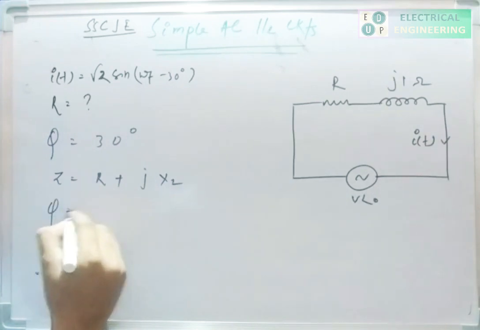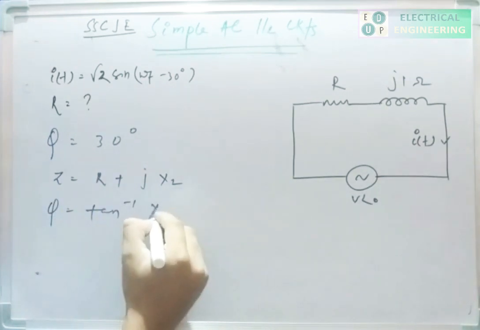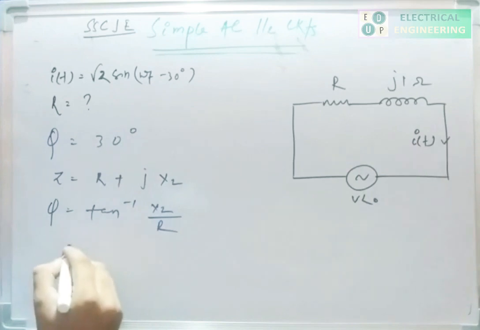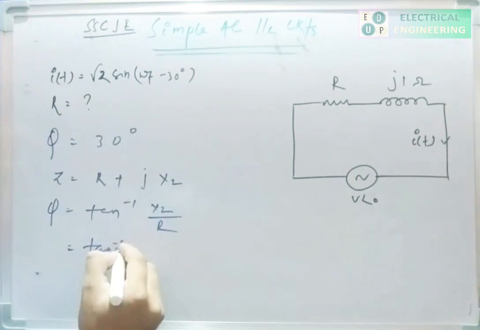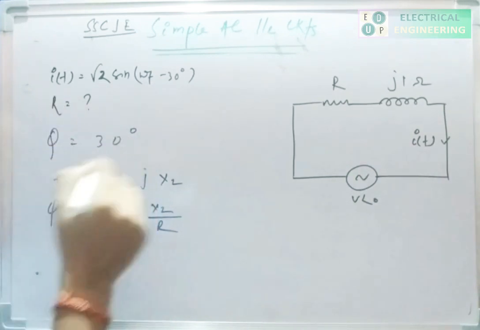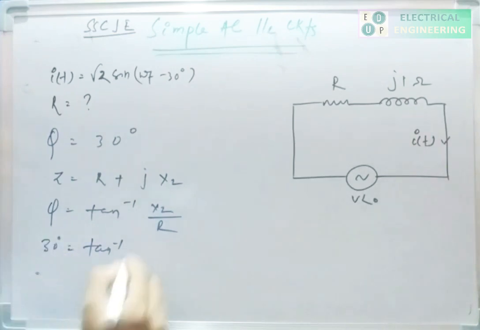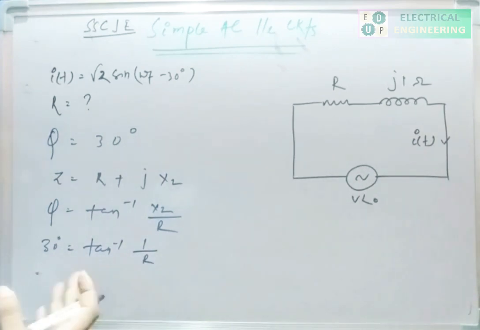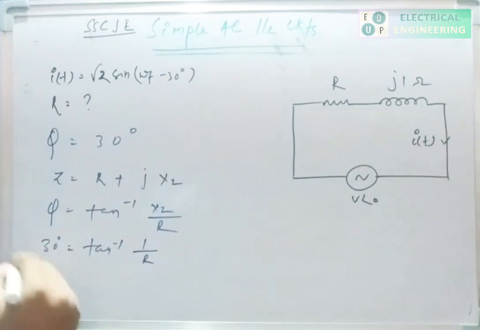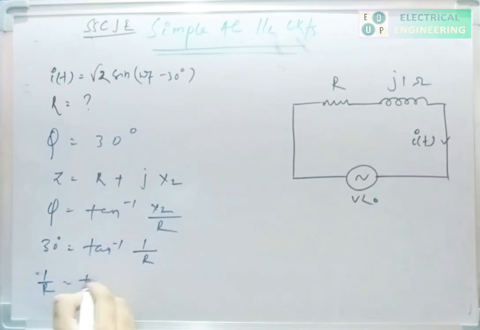So the phase angle is tan inverse of XL divided by R. Here the phase difference is given as 30 degree, and XL is given as 1, so tan inverse of 1 by R. Just by solving this, you can find R. So 1 by R equals tan 30.